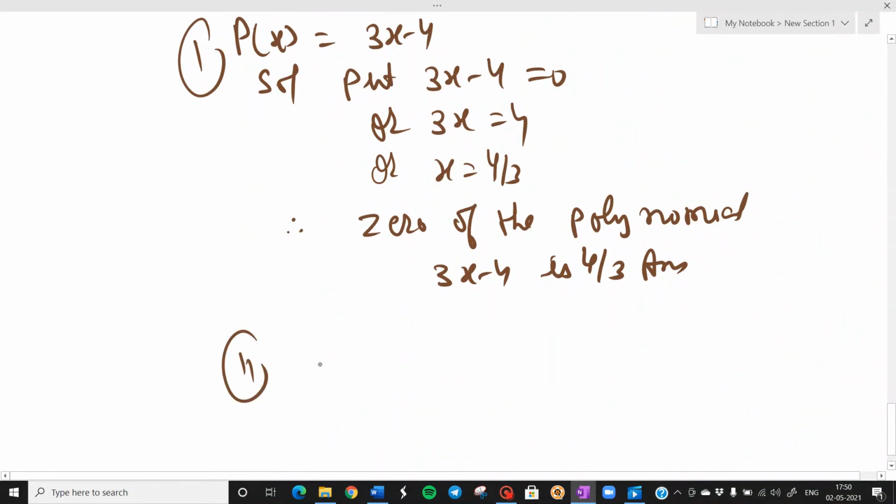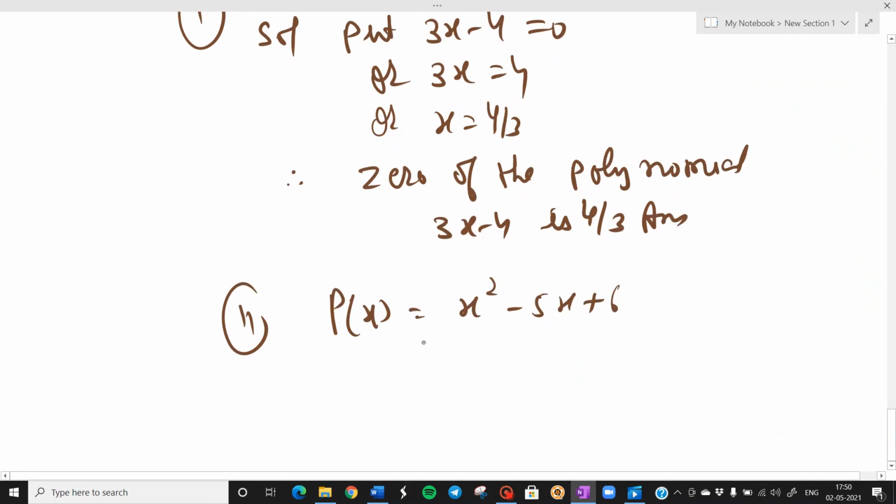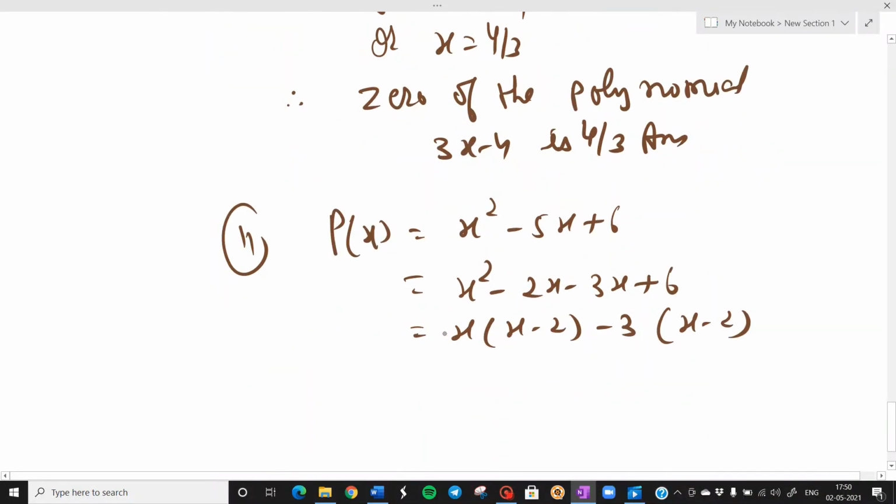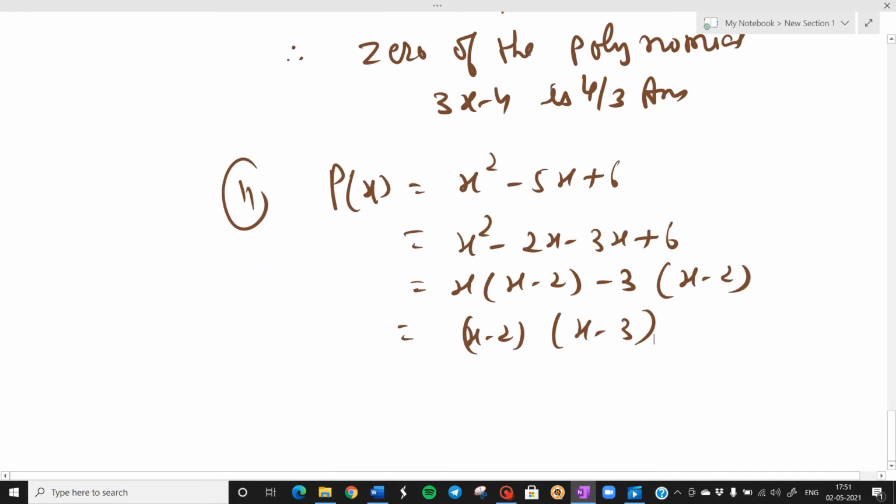Example number 2, let the polynomial p(x) given be x square minus 5x plus 6. This is a quadratic polynomial. So what we do, we factorize it: x square minus 2x minus 3x plus 6, taking x common, x minus 2, taking minus 3 common, x minus 2, taking again x minus 2 common, that is x minus 3. Now we put each linear factor equal to 0. Put x minus 2 is equal to 0, or x is equal to 2.